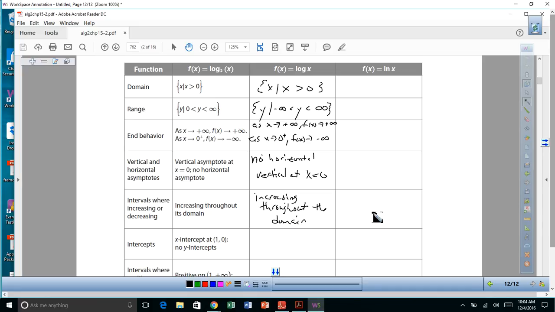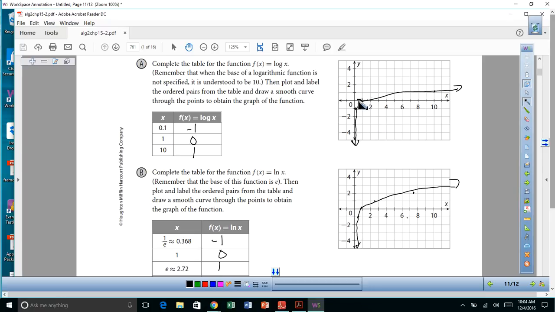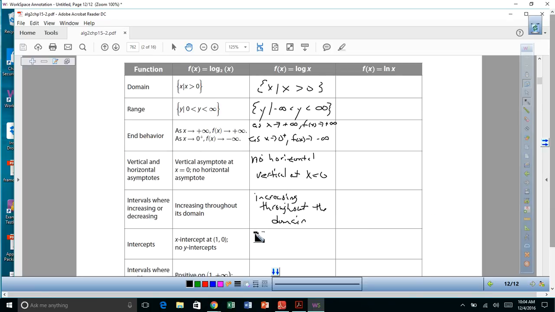And x-intercepts and y-intercepts: it crosses the x-axis here at 1, but it does not cross the y-axis. No y-intercept, but an x-intercept at 1, 0.